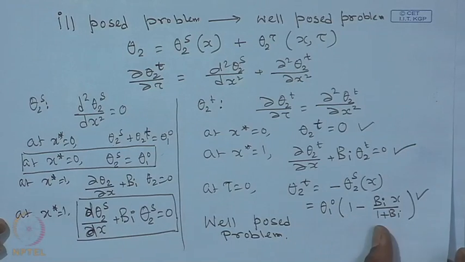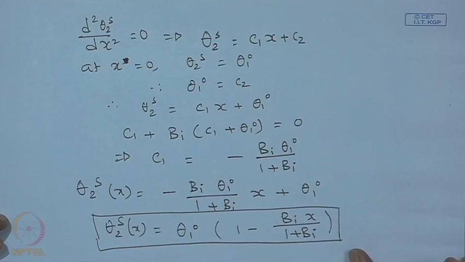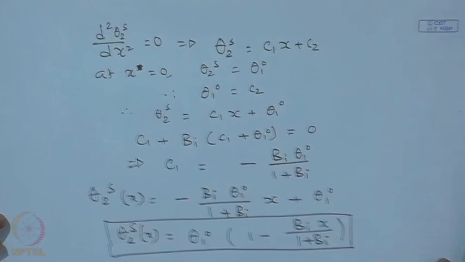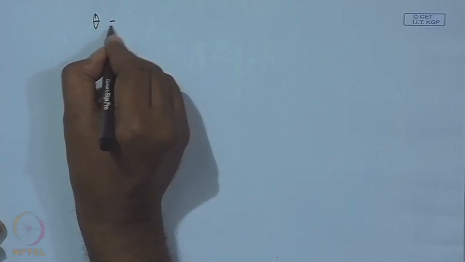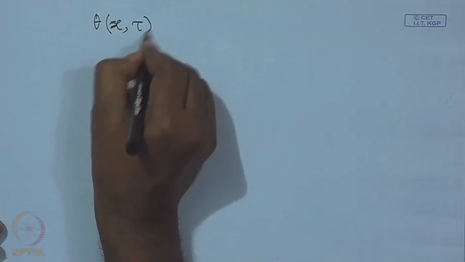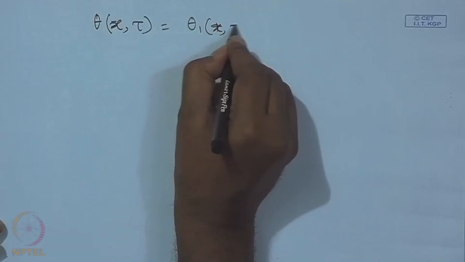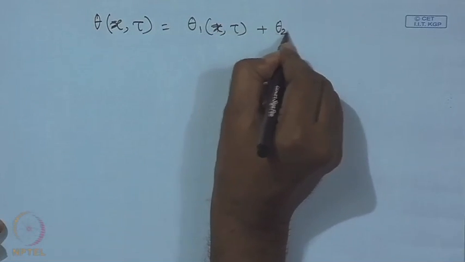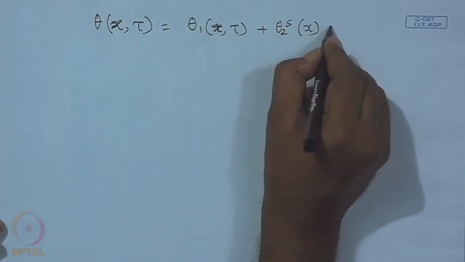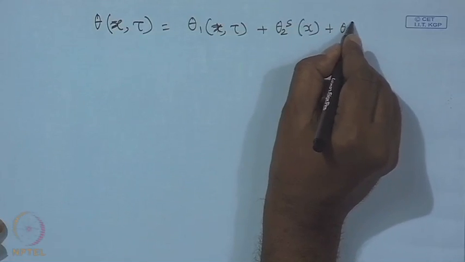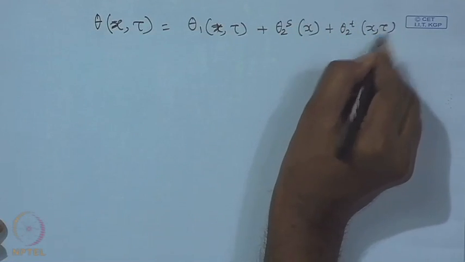So, we can get the complete solution of theta 2 t. We have already got the complete solution of theta 2 s, and we have already obtained the solution of theta 1. So, the overall theta profile as a function of x and tau can be obtained as theta 1 of x and tau plus theta 2 s, which is a function of x, and theta 2 t, which is a function of both x and tau.